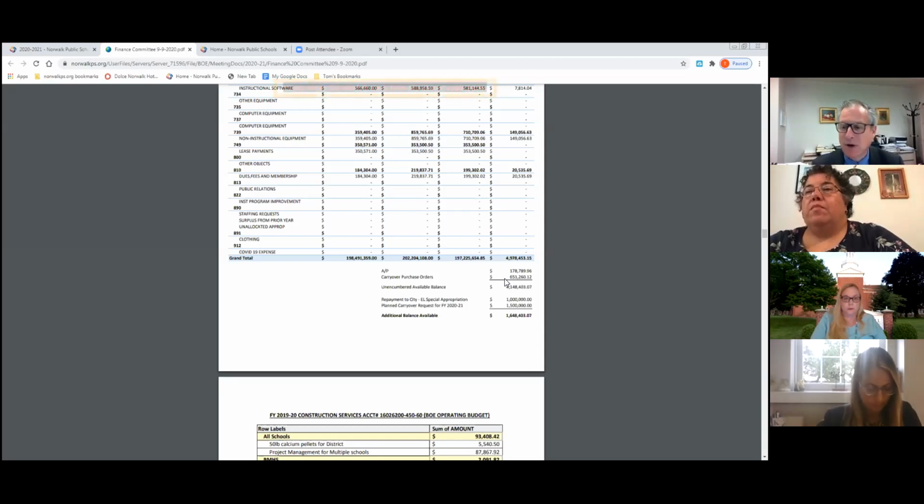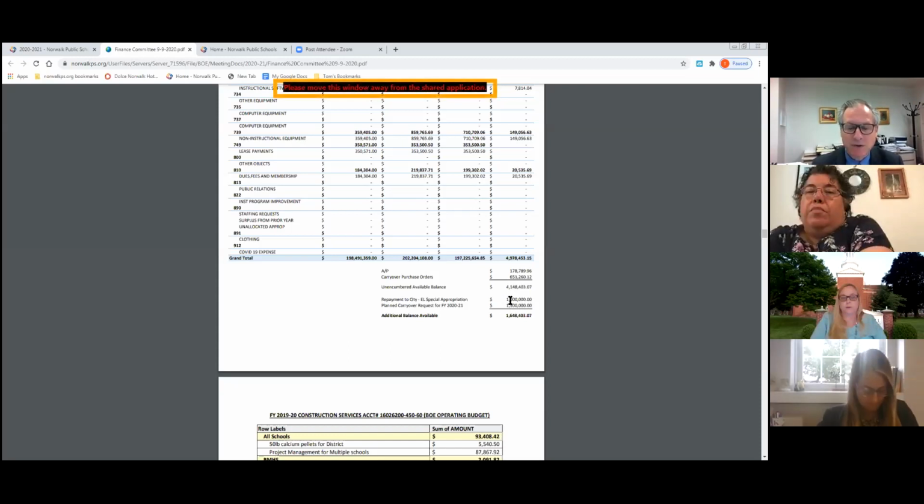So there's some items, it could be furniture, it could be some other things like that. We'll go back in a moment to the itemized list. We do have an itemized list of these carryover items, but those are obligations against the old year, and so they need to be taken into account. That leaves a net balance that's unencumbered and available of $4,148,000.